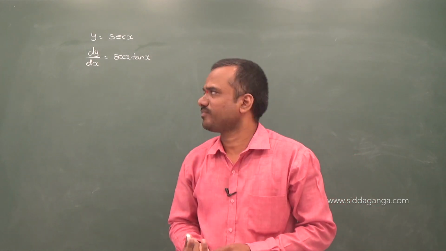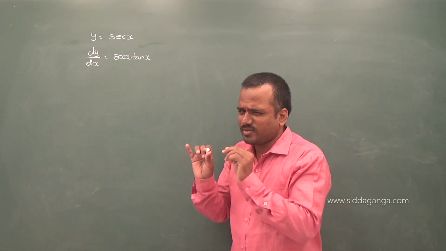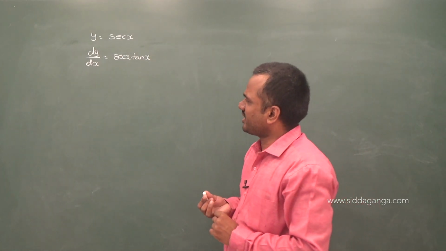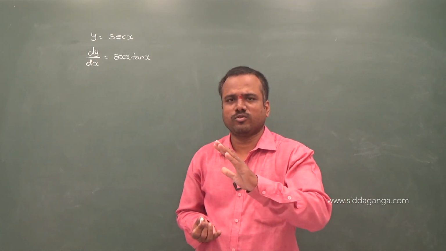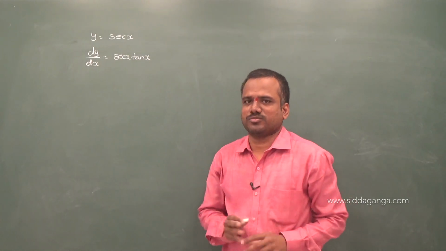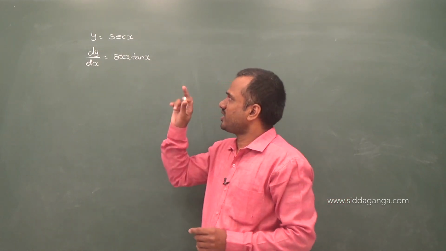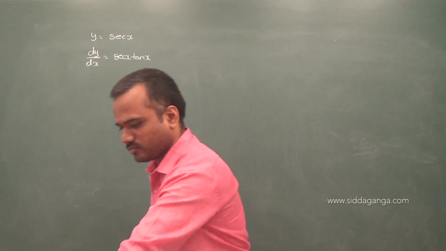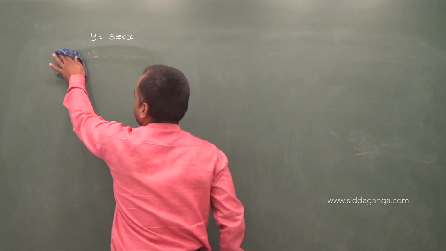We already know this one. If suppose the same question asks find the derivative, before we go for the next problem in the exercise, we solve some other problems. Okay. So observe here what he asks, you already know this formula.